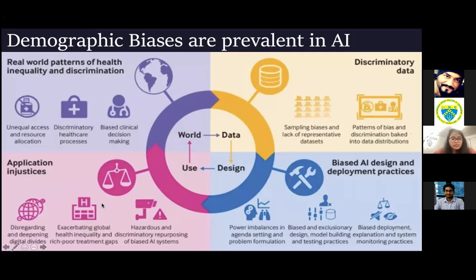And application injustices, again, for instance, there is research going on predicting whether a particular criminal should be provided bail or not. And it has been found more often that criminals with African American demographics are less likely to be predicted to be given bail as compared to white Americans, just because a person is African American.